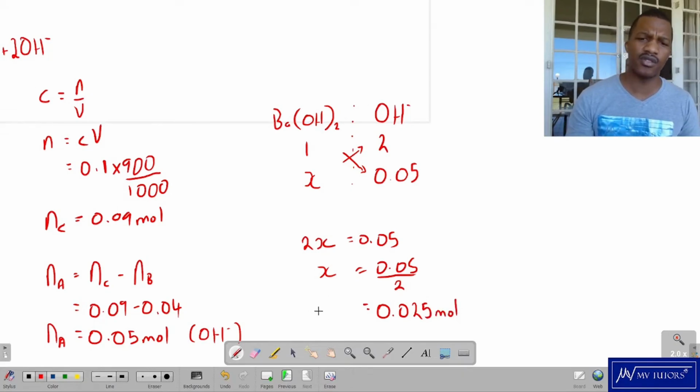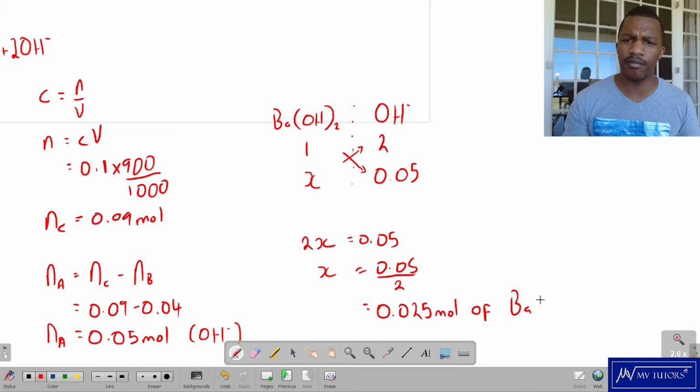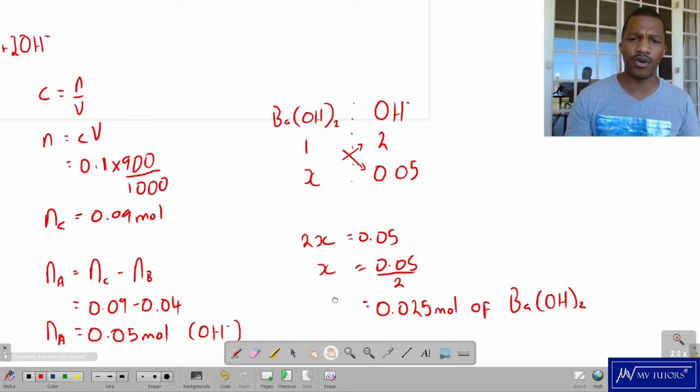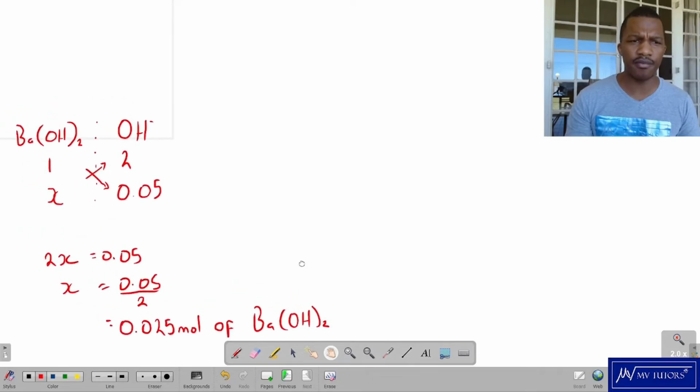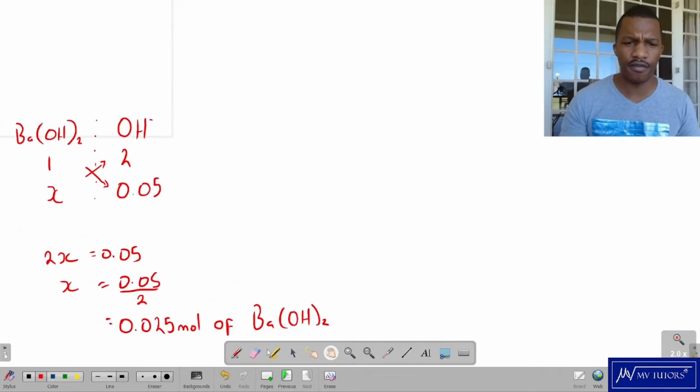Okay, so this is the number of moles of beryllium hydroxide. Now that we have the number of moles of beryllium hydroxide, we can use it to solve the concentration, because now we are here. Concentration is number of moles divided by volume.